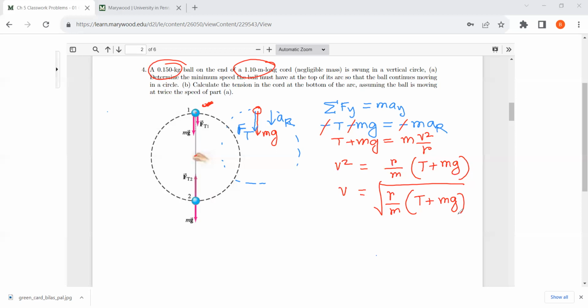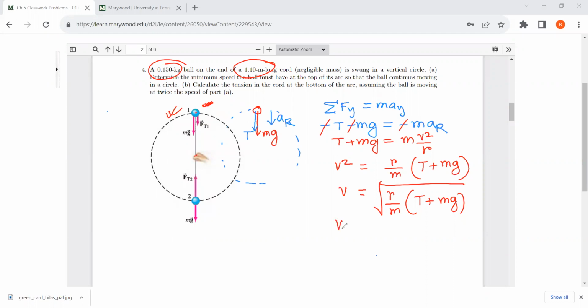Now, I mean ft or t, that is the same thing. So t or ft, whatever you use, is the tension. Okay, so in this picture they use ft, but I use t. Remember that both represent the same thing.